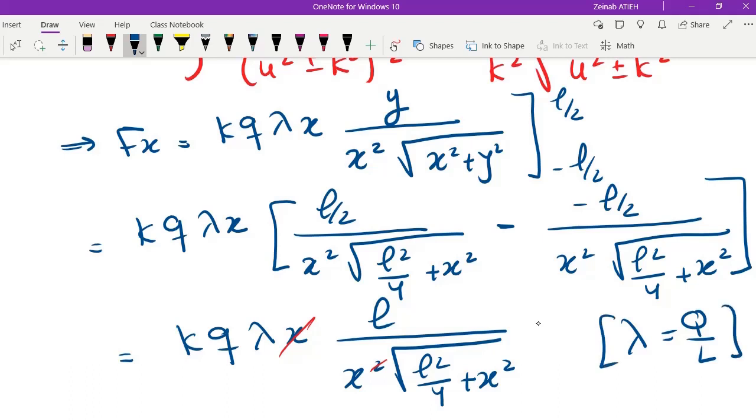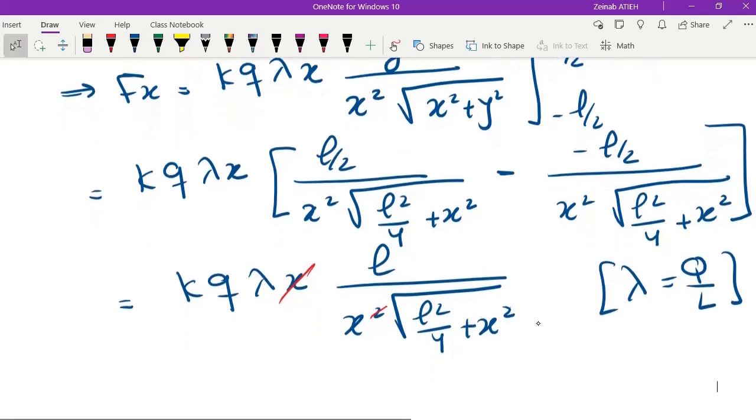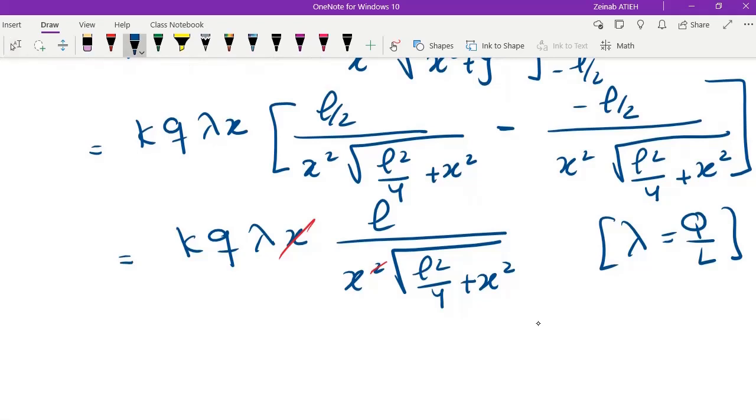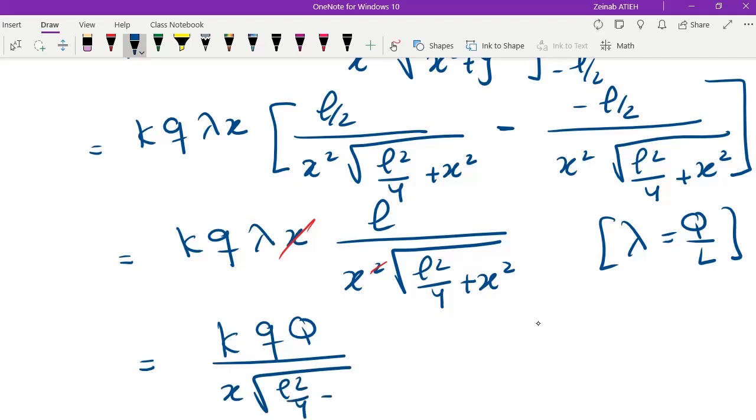I have to write it in terms of the given; I can't keep it like this. So I will get k Q over x radical L squared over 4 plus x squared. Okay, and this way I have found f of x.